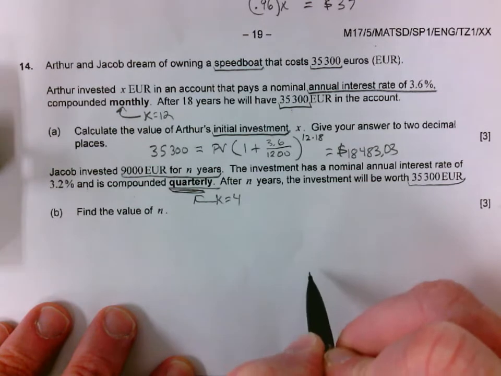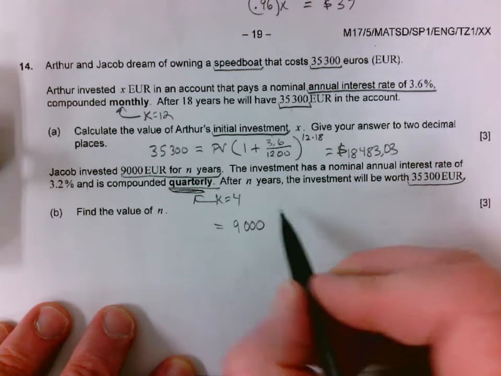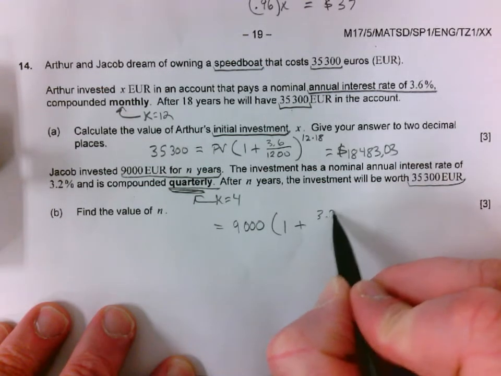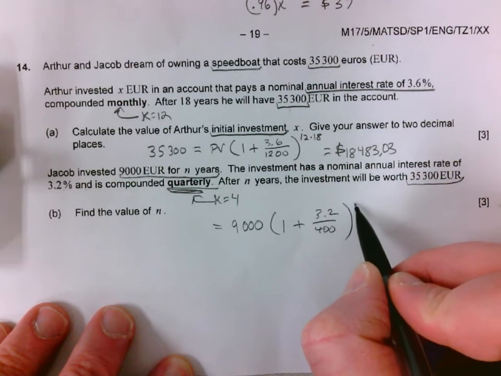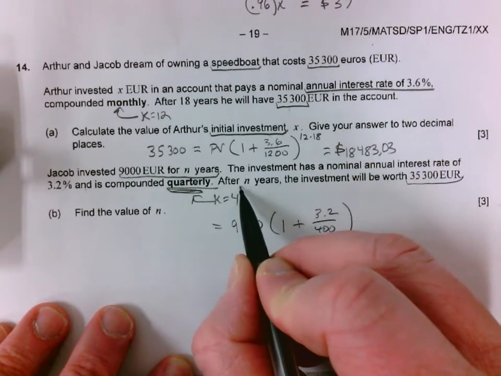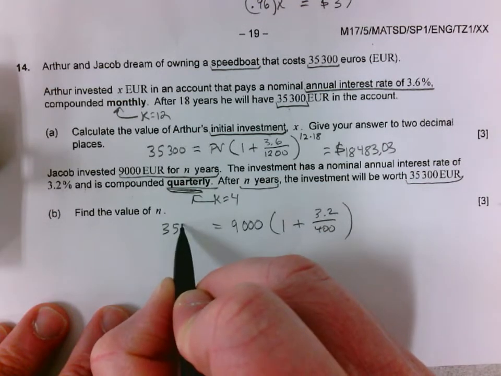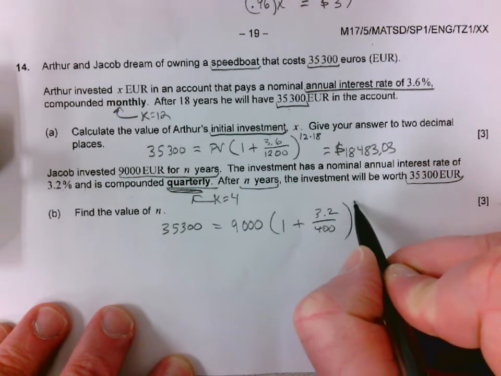He knows how much he started with, the present value. The K is 4, so 3.2 divided by 400. We don't know the number of years, N years, but we do know that it's going to be worth this much. So up here we have 4N.